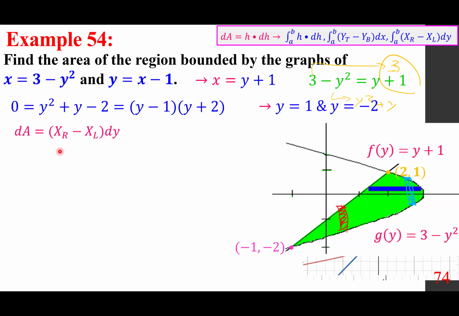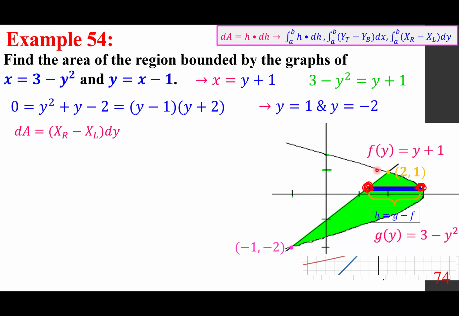So dA is x of the right minus x of the left. Let me erase the rest of it. That will create the height, which is the right one is the g function, the curve, and the left one is the line f.